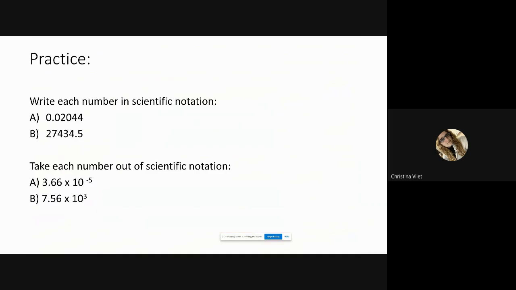So this is practice. And we are going to practice with writing each number in scientific notation and taking each number out of scientific notation. So let's go ahead and go through the steps for scientific notation. And some of you will be more familiar with this than others.